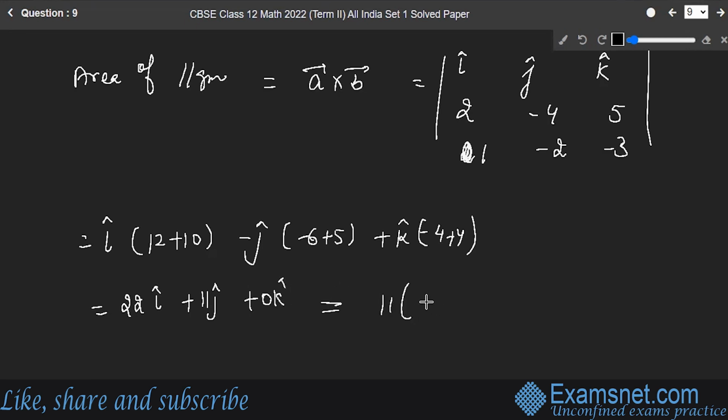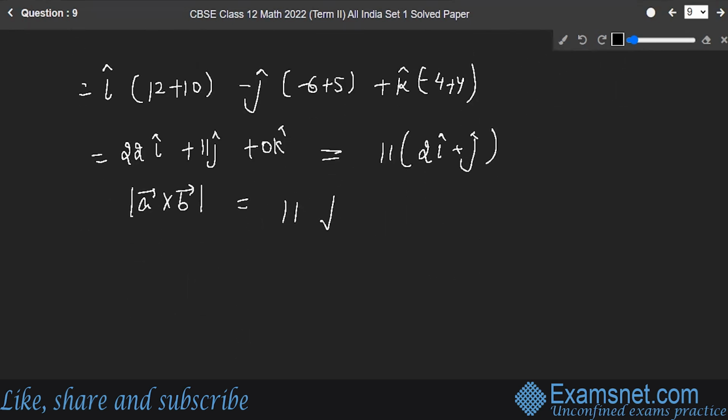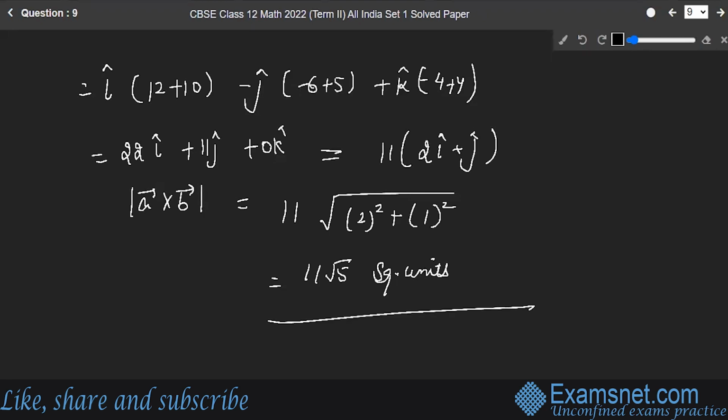I'll take the 11 common, so 11 times 2i plus j. Magnitude of the cross product of A and B vector is equal to 11 root of 2 square plus 1 square, which is 11 root of 5 square units. Hope you have got that.